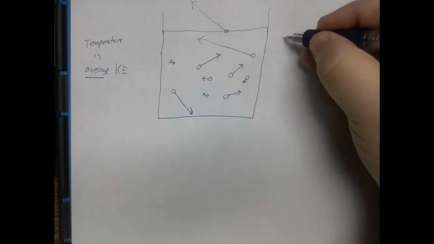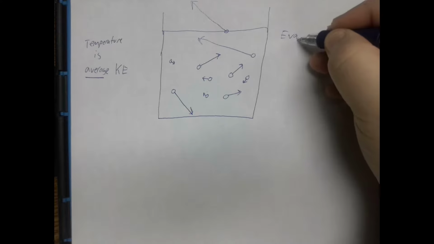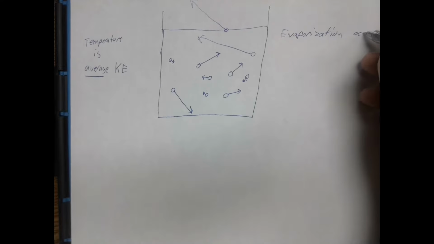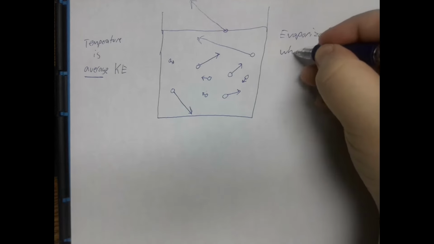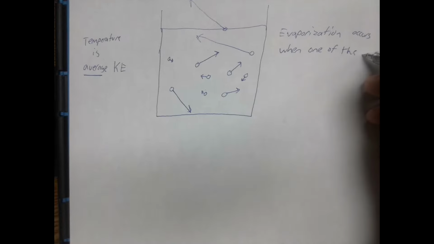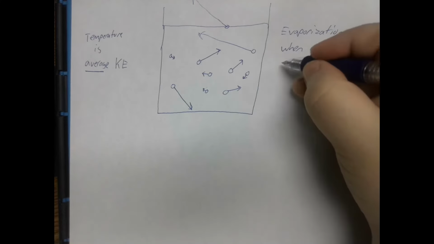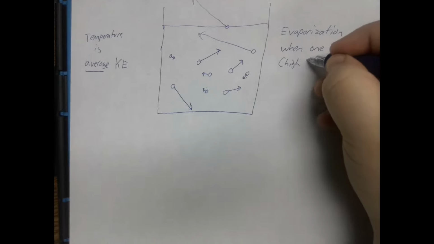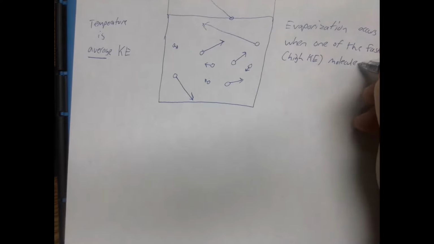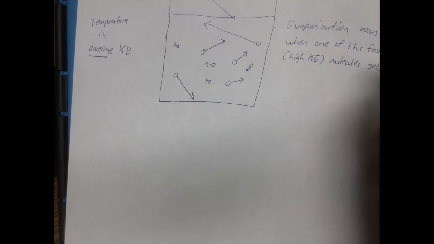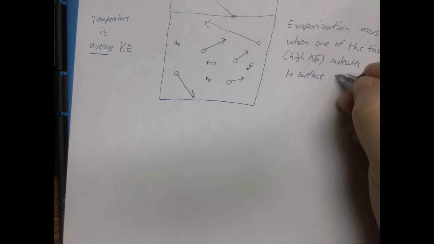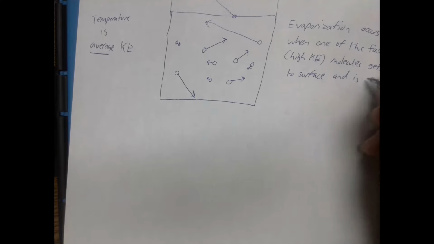So evaporation occurs when one of the faster, high kinetic energy molecules gets to the surface and is able to escape.